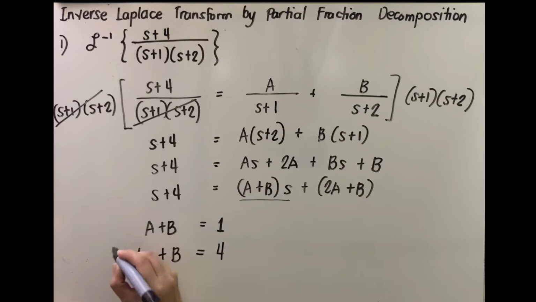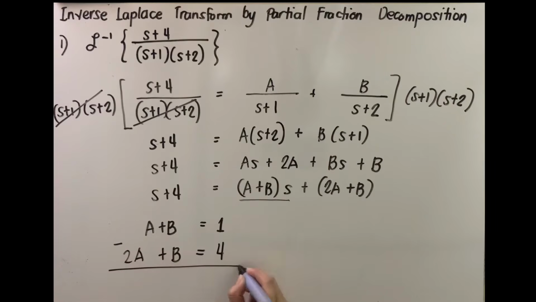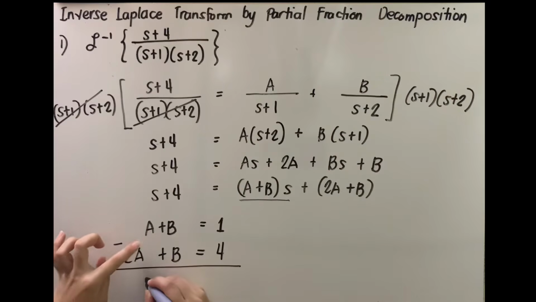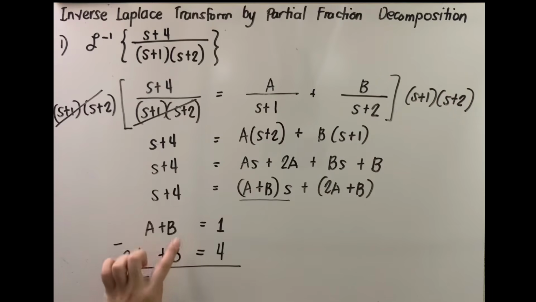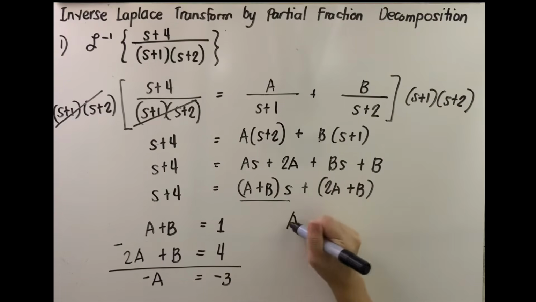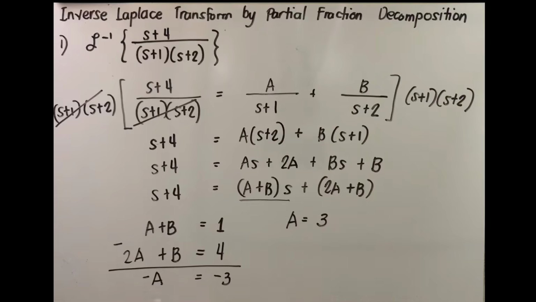If I do it manually, I can subtract both equations. I'll get A minus 2A, which is negative A. B minus B will be cancelled, and that would be equivalent to 1 minus 4, which is negative 3. So in short, A will be equivalent to 3, if you divide both sides by -1.